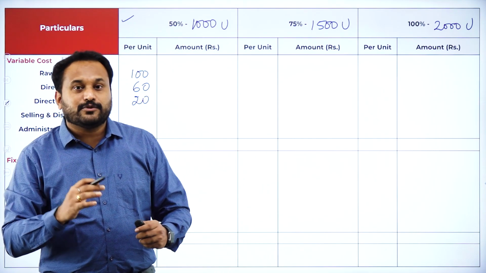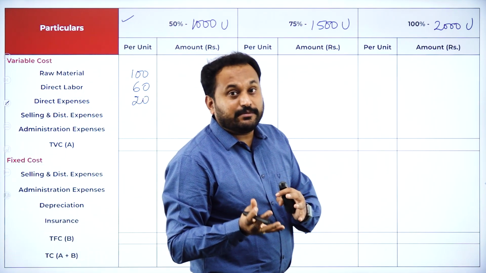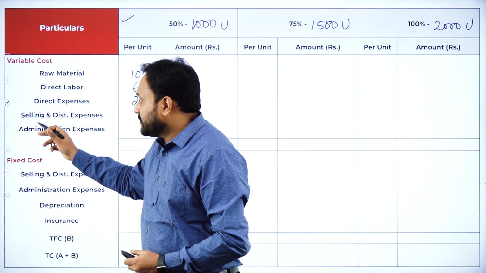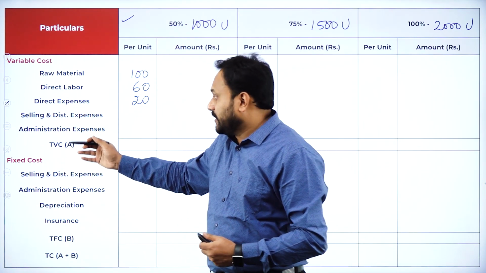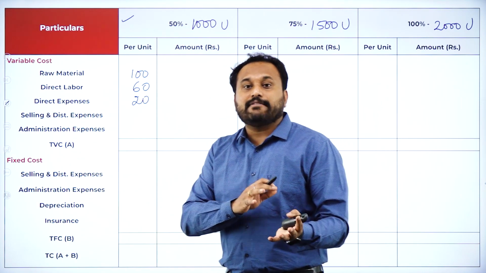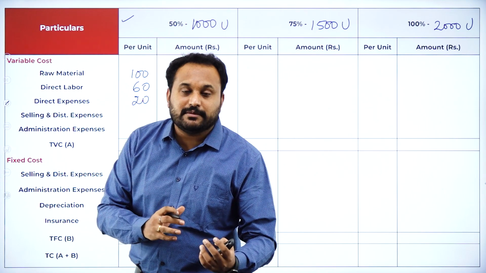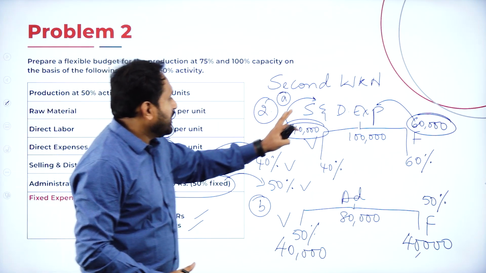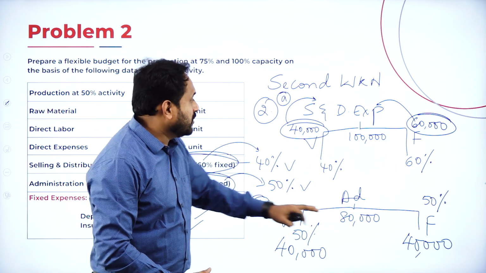Now selling and distribution expenses and administration expenses. Now we are supposed to go with semi-variable cost and semi-fixed cost, because selling and distribution and administration here, both have the property of semi-variable and semi-fixed cost. Now here when we go with this, we have already done the working note.